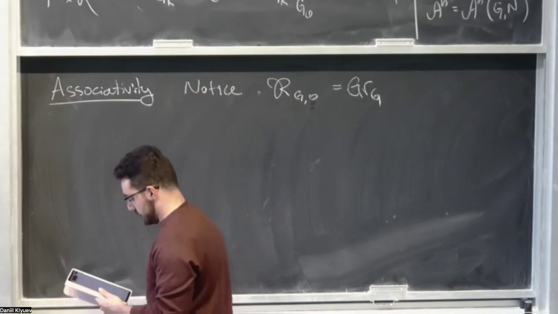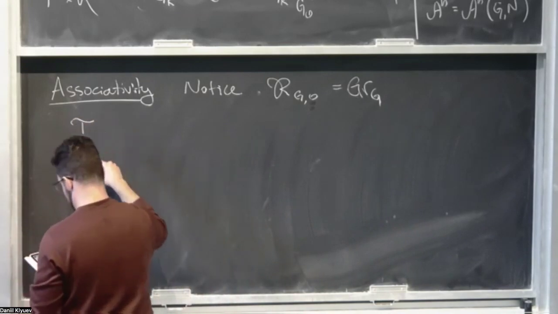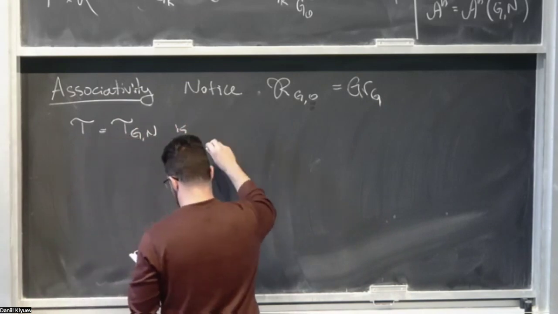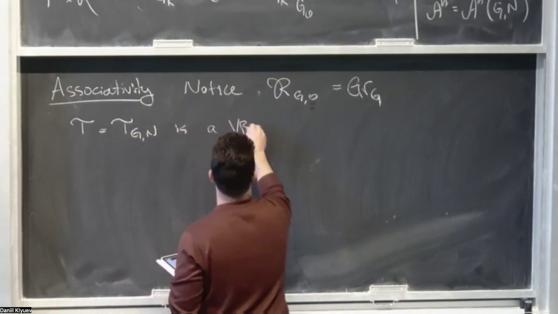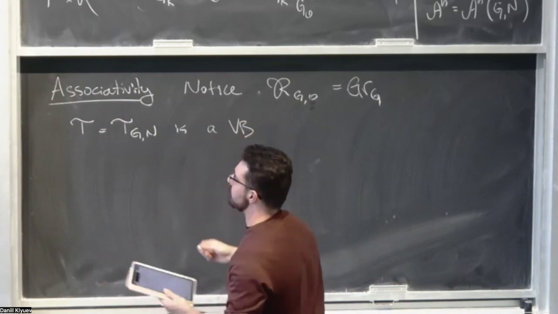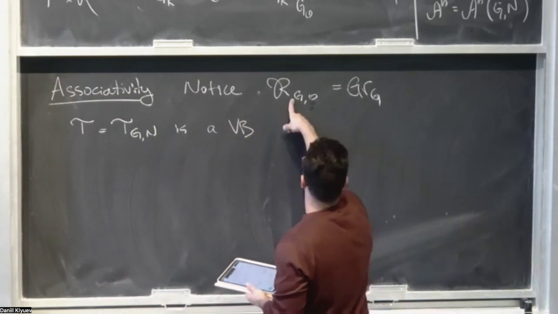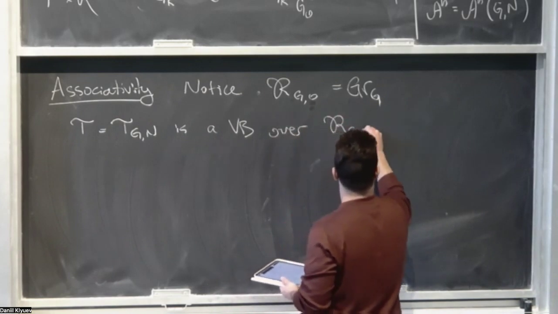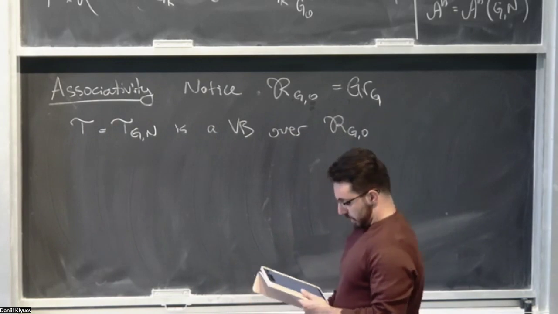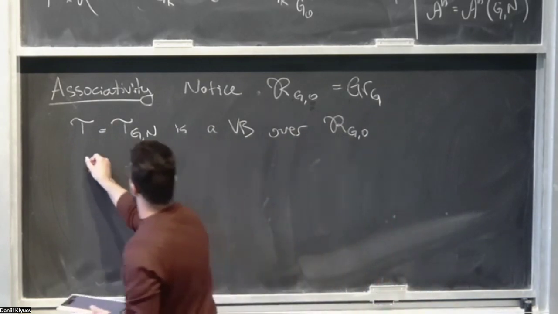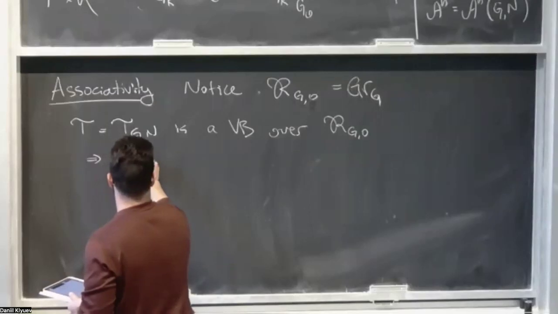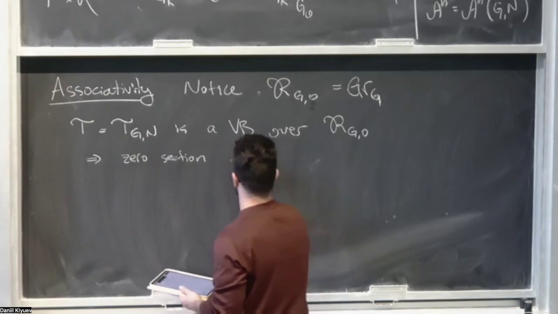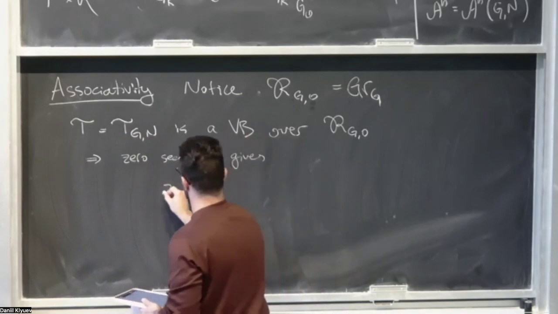So T for arbitrary n is a vector bundle. It's kind of a pro-finite dimensional thing over G. And so pulled back by the zero section is like this.